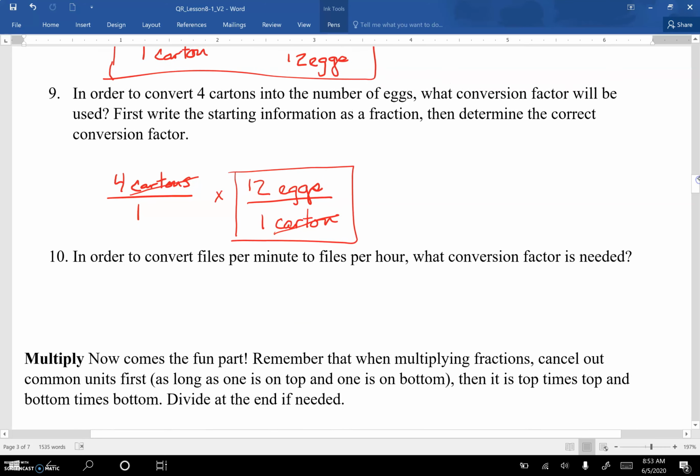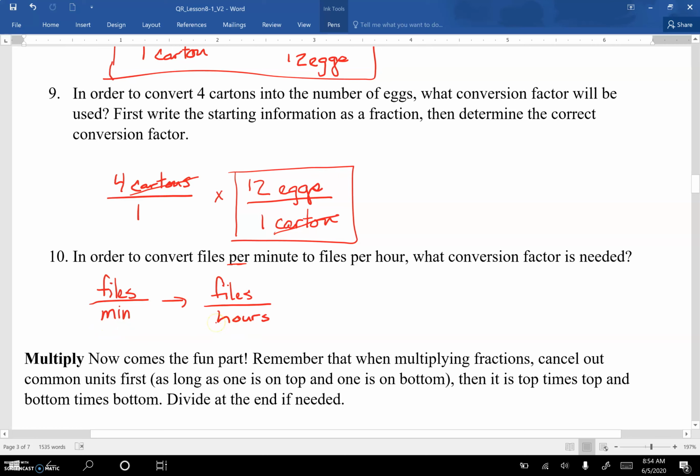Okay, in order to convert files per minute to files per hour, what conversion factor is needed? Well, we have pers here, so I have files over minutes, and I want to convert to files over hours. So the thing that's changing here is minutes and hours.